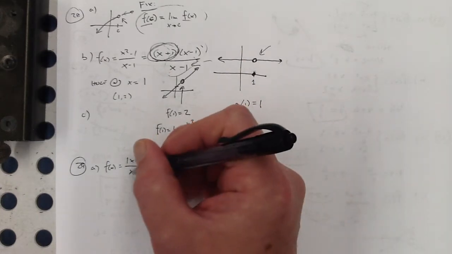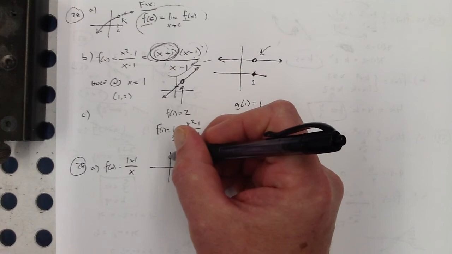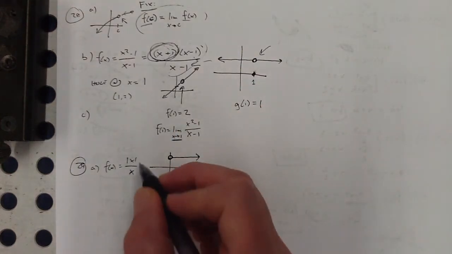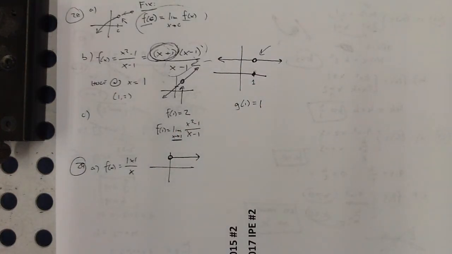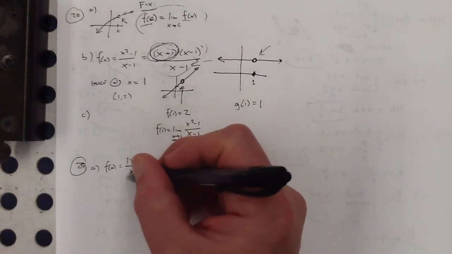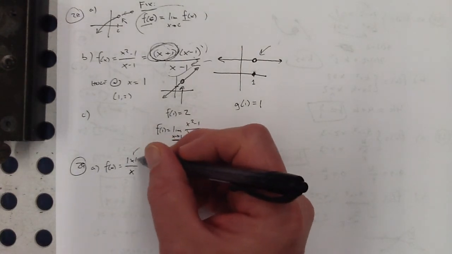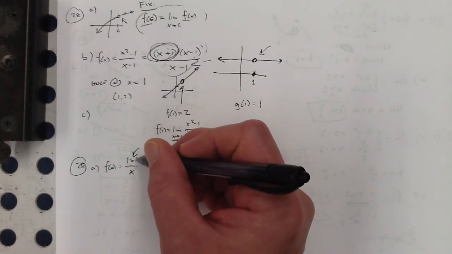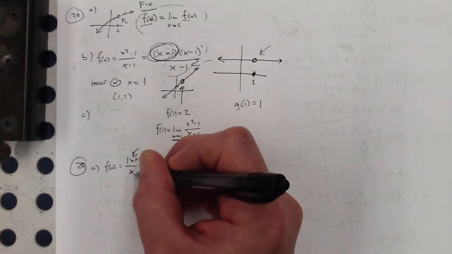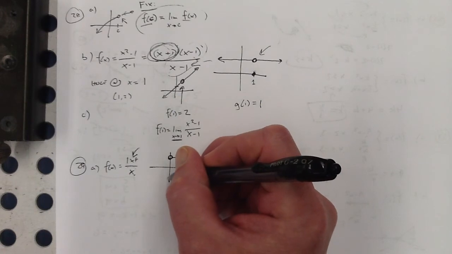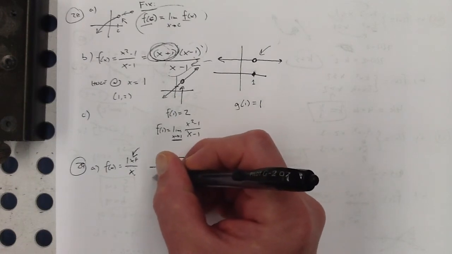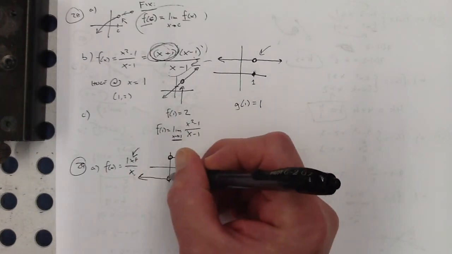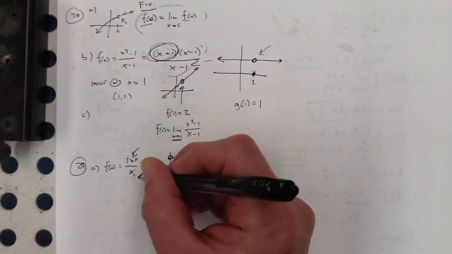But you can't plug in 0 because you get 0 over 0, so there's an open circle there. And what about when x is negative? Well, when x is negative, this is going to be some negative number, and this is going to be the positive version of the same number. So positive number over negative same is going to give you -1 every time, but you still can't plug in 0. So it looks like these two little horizontal bits.